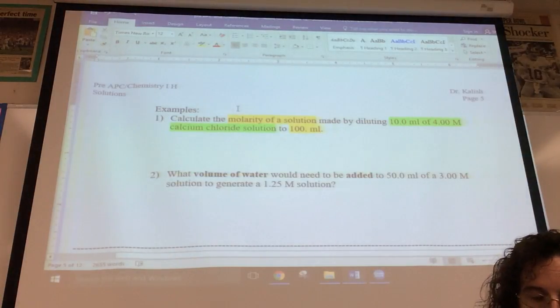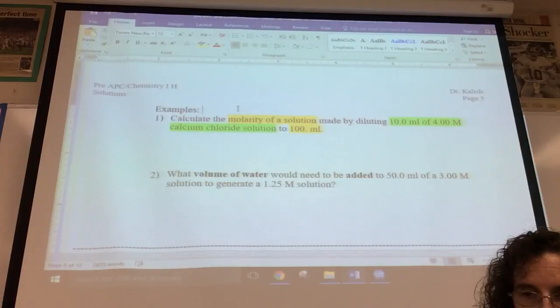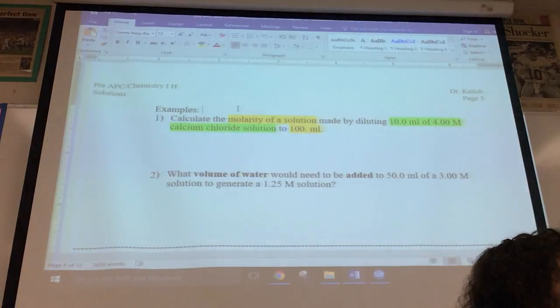So let's take a look at what they're giving you, what you want to know, what the stock is, what the new is, how to tell them apart. So they want you to calculate the molarity or concentration of a solution. You don't know if that's the stock or dilute just yet. Now it says you're going to make that solution by diluting something.